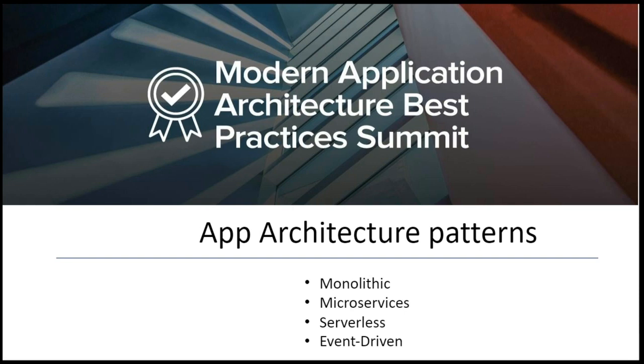You have serverless, which is essentially another flavor of microservices, but in this case, you're depending on a vendor, usually a cloud vendor, to provide and manage the infrastructure for you. And event-driven architectures, where you essentially have triggers that respond to particular events, usually a file that comes in, or a user logs in, or something that happens that triggers an application execution. Those are the ones we're going to be talking about today.